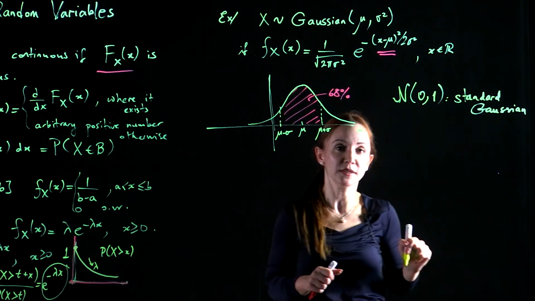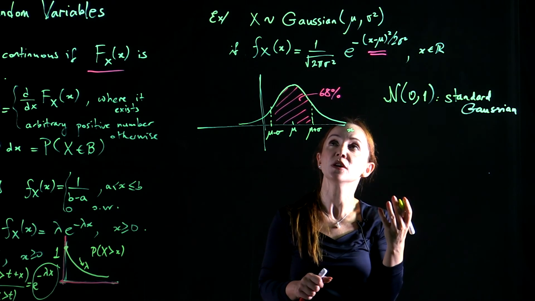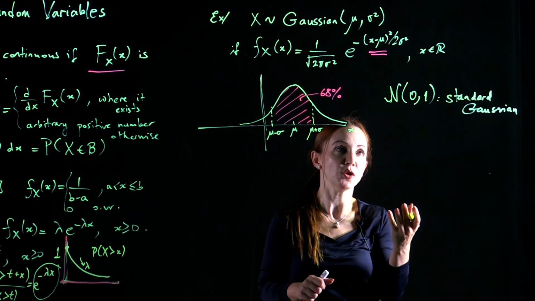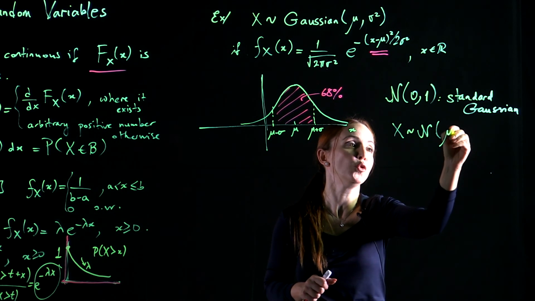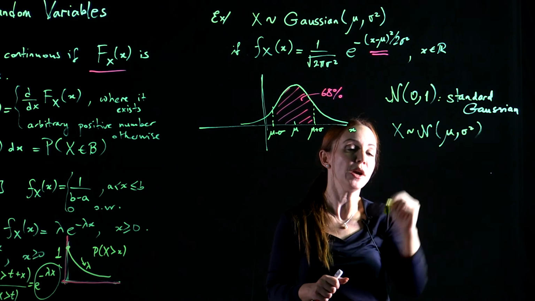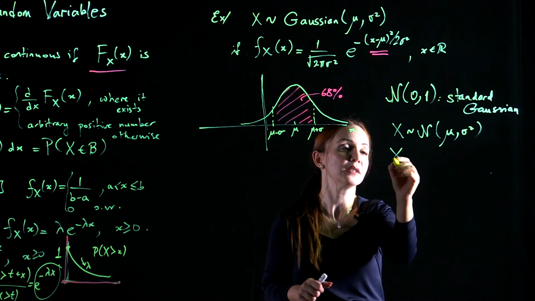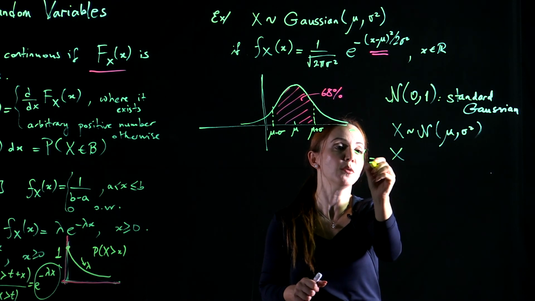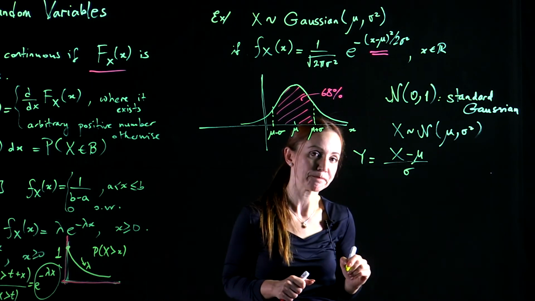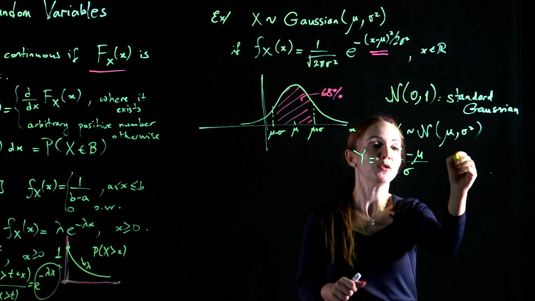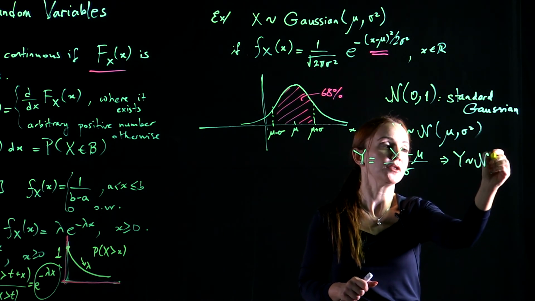And the fact that we could perhaps prove later is that when you scale a Gaussian, it is still a Gaussian. So if x is normal with mean mu and variance sigma squared, if you were to scale x such that you get a y, which is x minus mu over sigma, you can show that y is standard Gaussian.